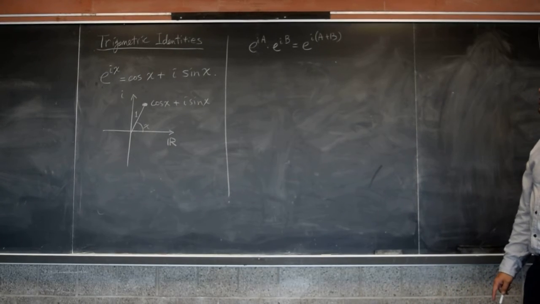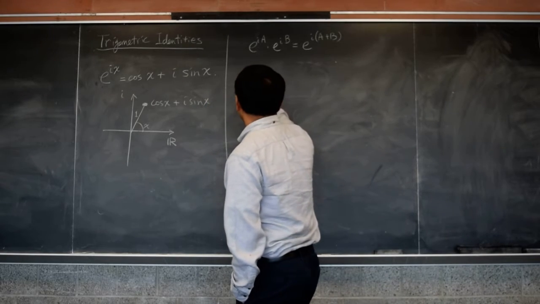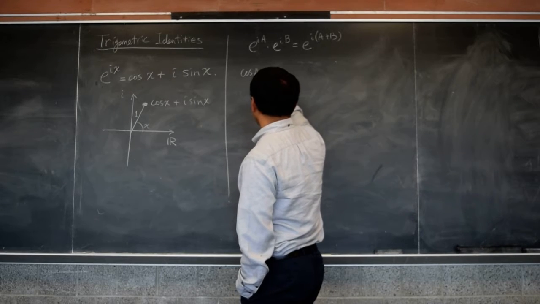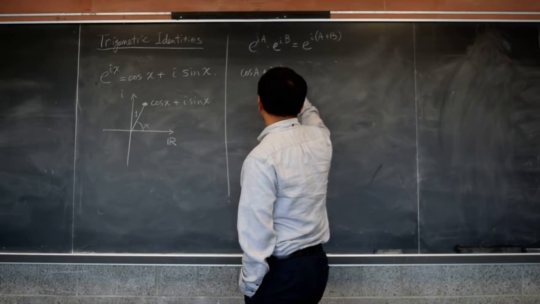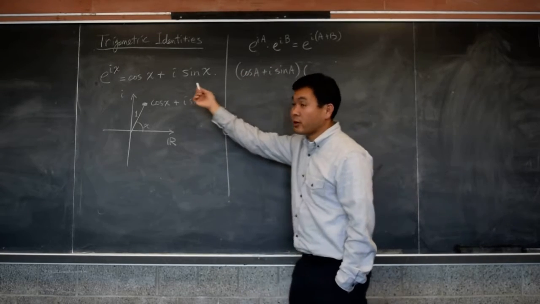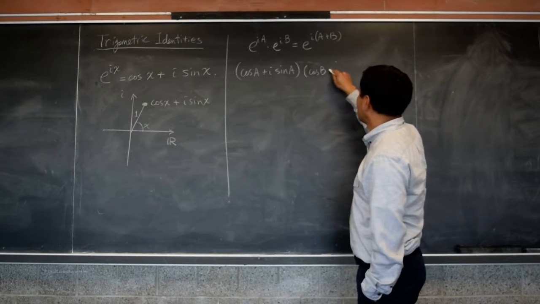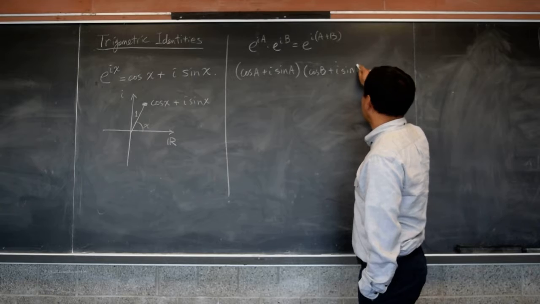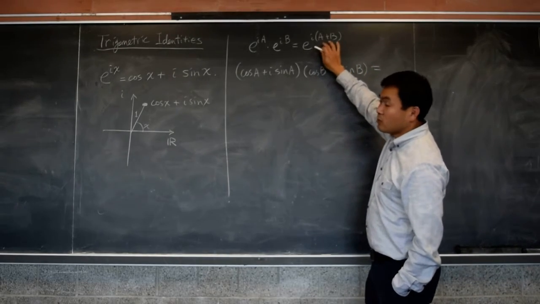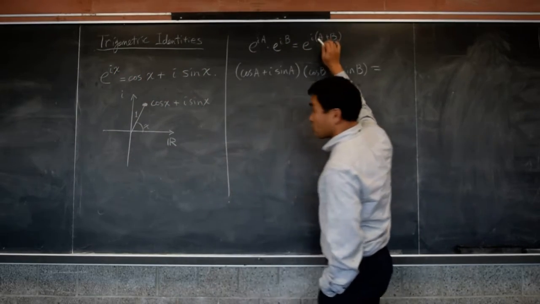Now let's see what the left side is and what the right side is using this identity here. The first thing is you have cosine of A plus i times sine of A. And e to the iB, if I use this formula again, will be cosine of B plus i times sine of B. And on the right side, if you compare it with this formula here, it's like x being replaced by A plus B, right?